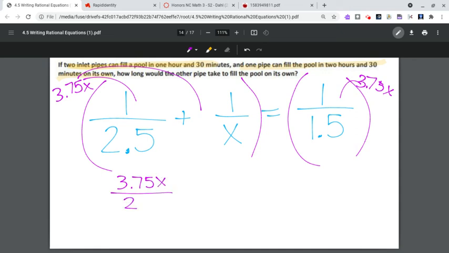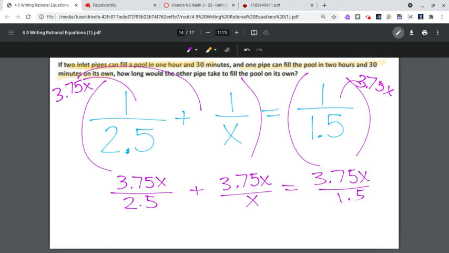3.75x over 2.5 plus 3.75x over x equals 3.75x over 1.5. Okay, so then I do 3.75 divided by 2.5, and I get 1.5x plus the x's cancel, 3.75 equals 3.75 divided by 1.5 is 2.5x.